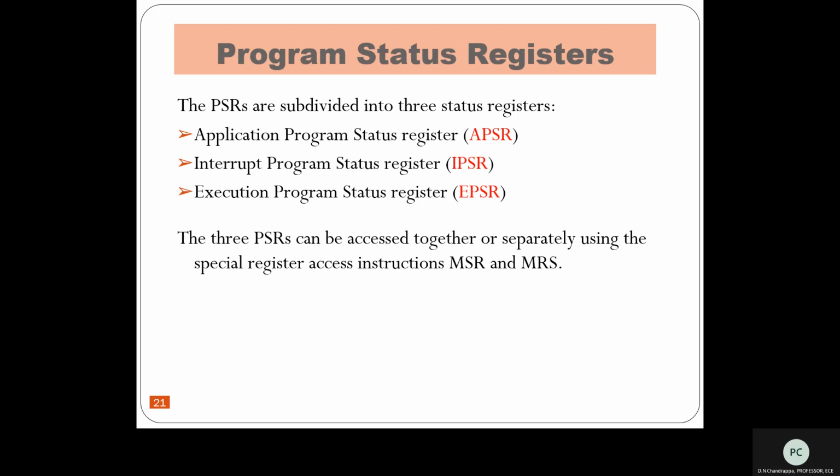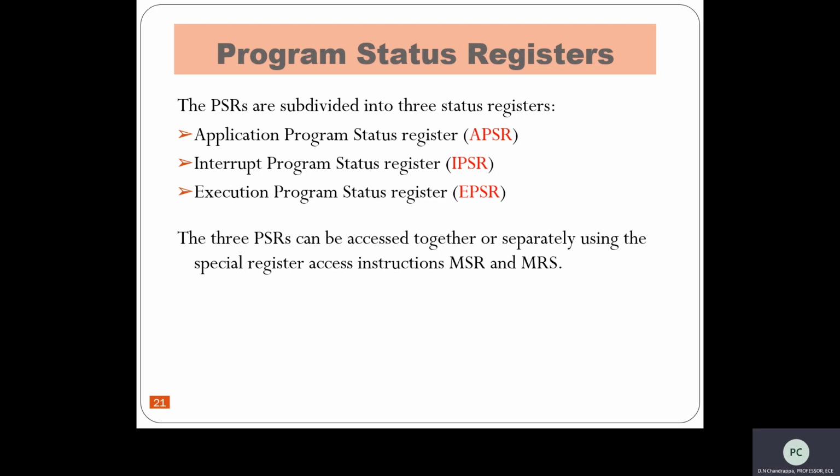These three program status registers can be accessed together or separately using the same instructions, MSR and MRS. These two instructions we use to access them separately or together. Together means all these three status registers.